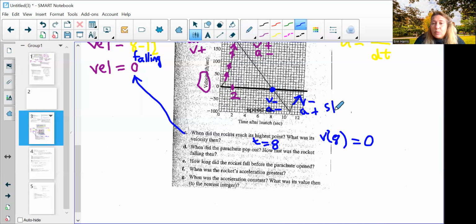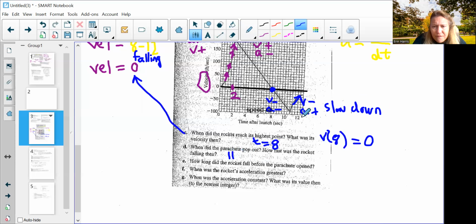Right here, we slow down. So the last part of our path is slowing down. That must mean that the parachute opened right here at about, it's really hard to tell, but let's say about 11 seconds.